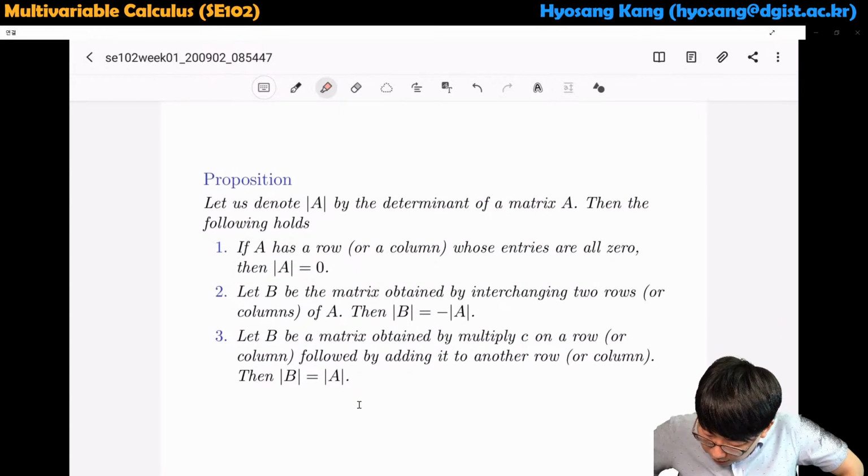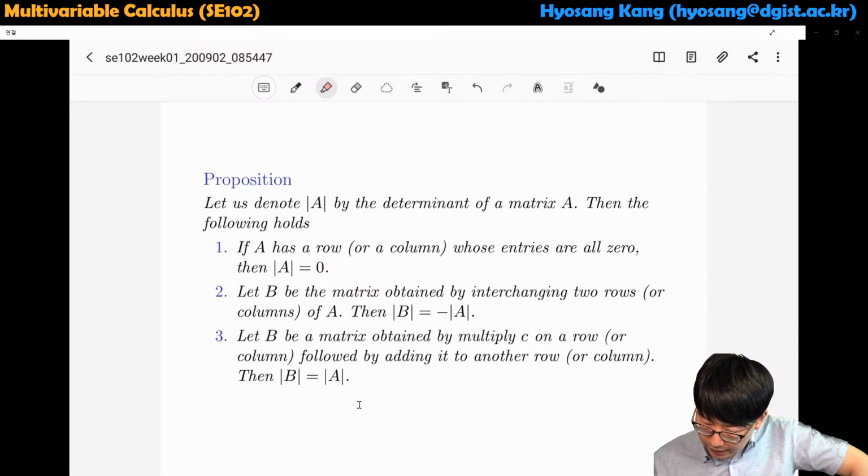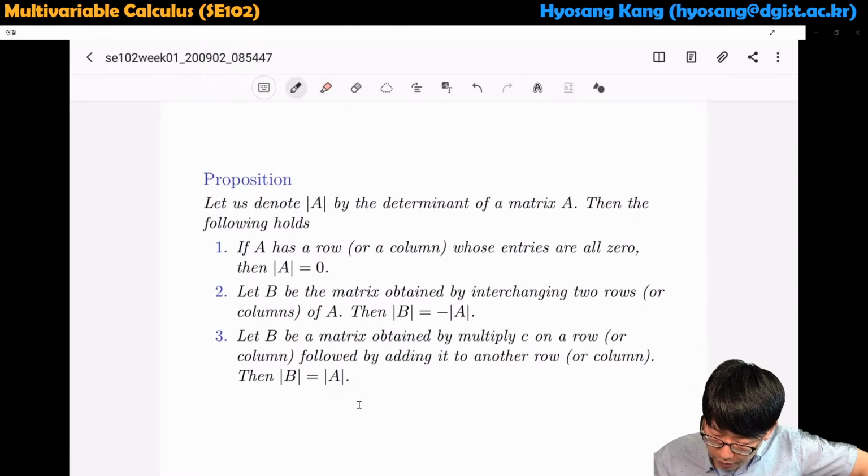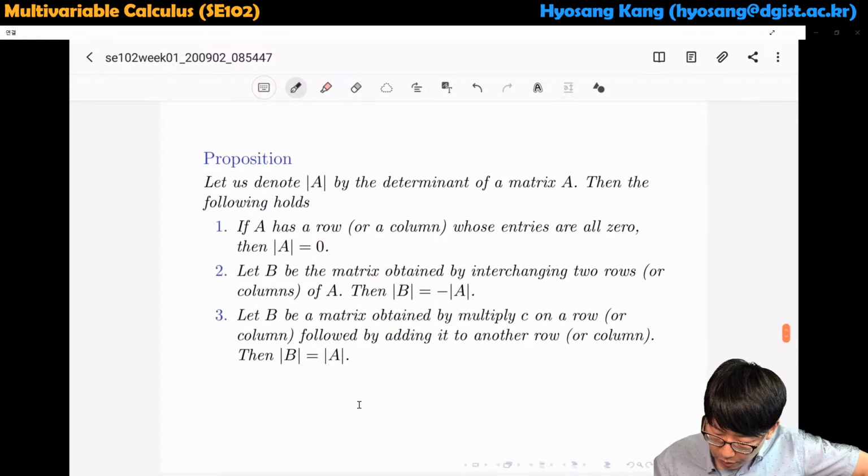Okay, so we already discussed some of these parts, and this is the proposition on properties of determinant. Let me just read through these propositions. Let's say I'm going to write the determinant of A by the bar A, then the following holds.